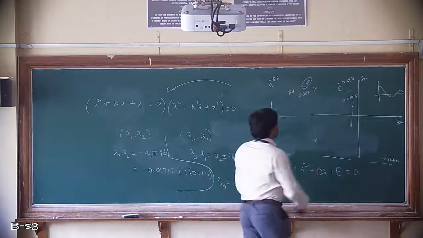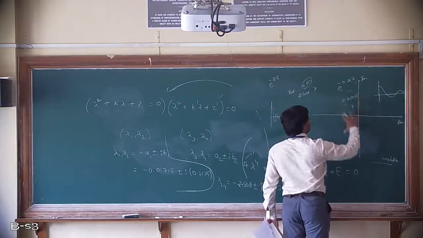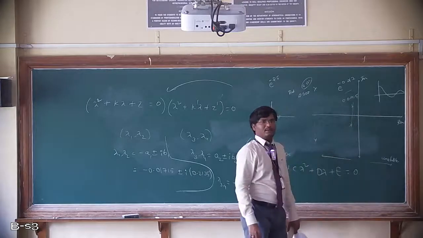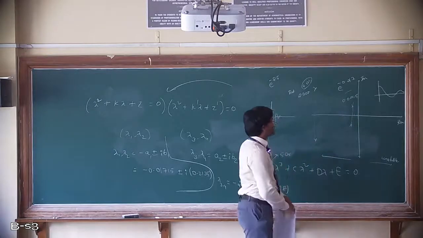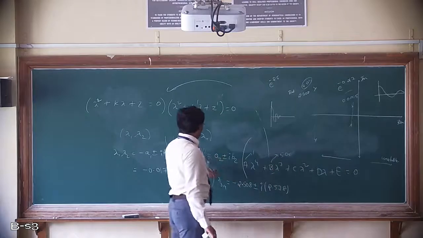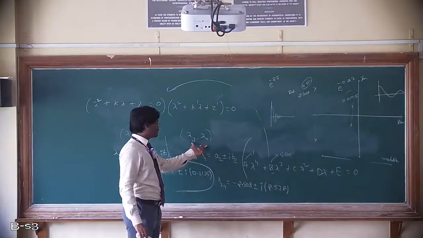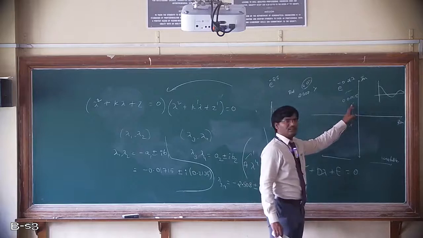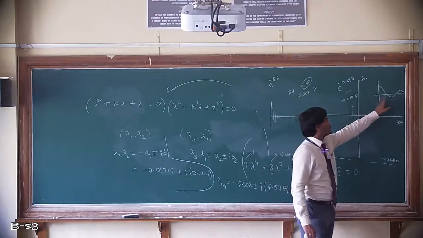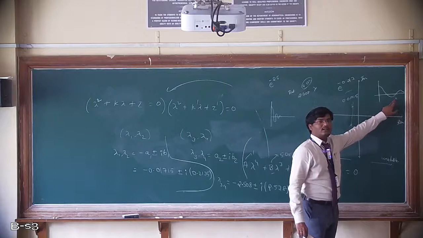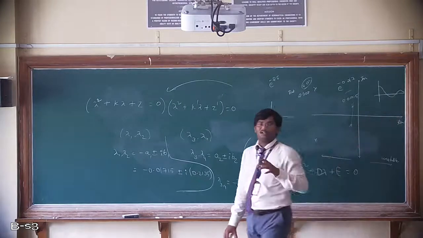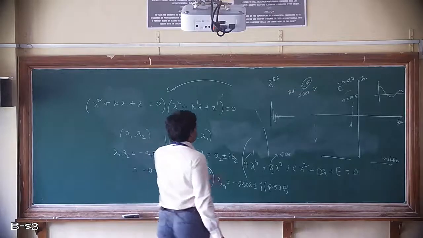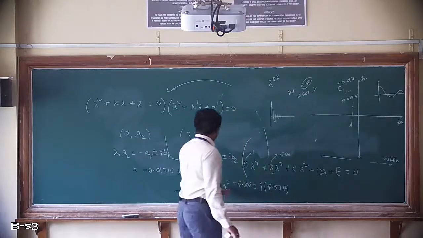This response is somehow very lazy, and the time period is more. So technically I am saying the time period of this mode is more. The complex numbers, I mean the roots of the characteristic equation, have a longer time period.